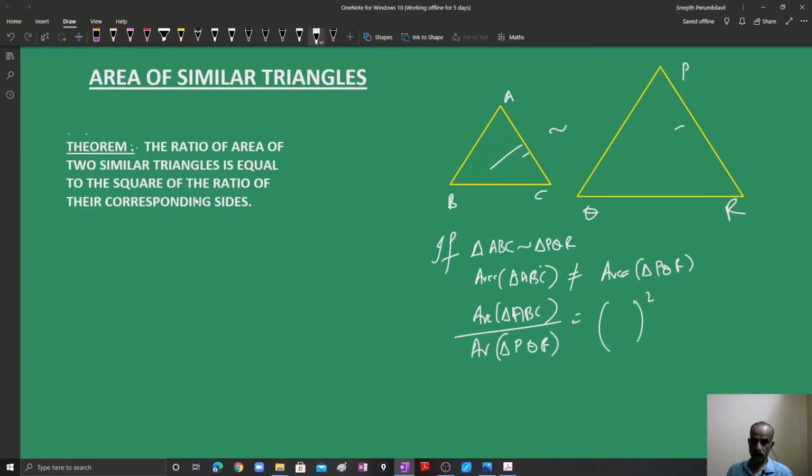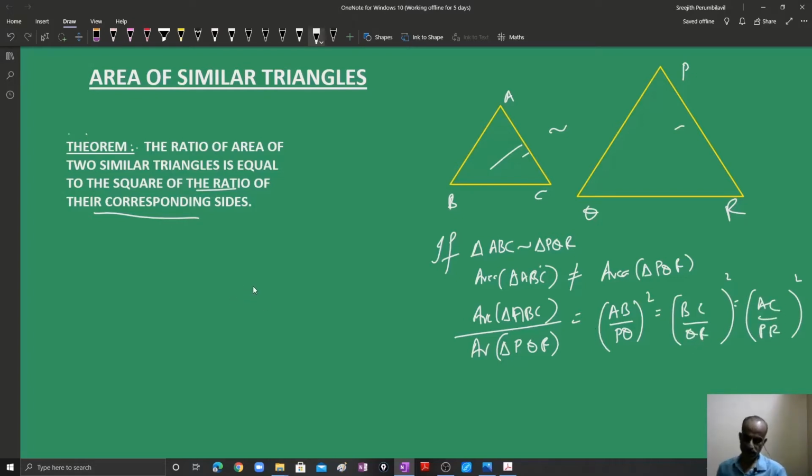Square of the ratio of their corresponding sides. What are the ratios of their corresponding sides? AB by PQ, or BC by QR, or AC by PR. This is the meaning of this theorem.